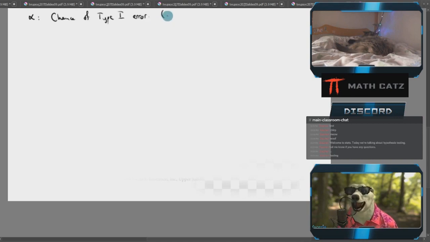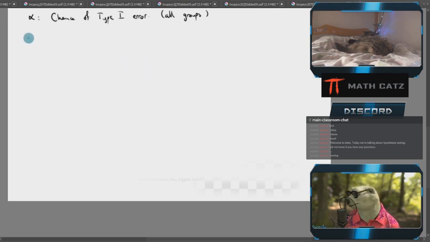When I look at all the groups, it's the probability that I assume the null hypothesis is true, but let me rephrase that. It's the probability that I reject the null hypothesis, but it was actually true. So let's just casually say it's my chance of an error. It's my chance of making the wrong decision.